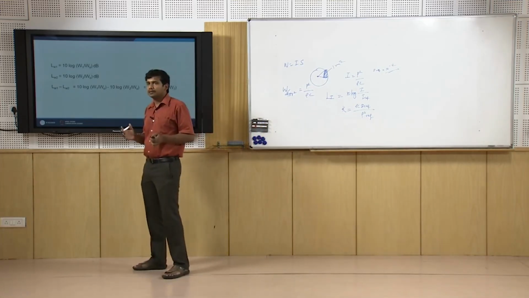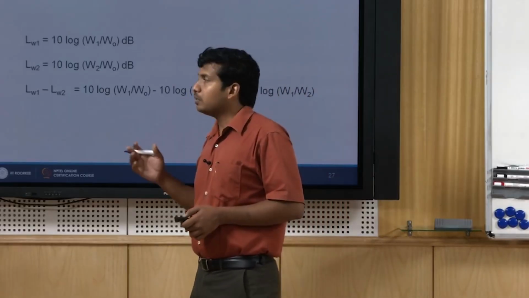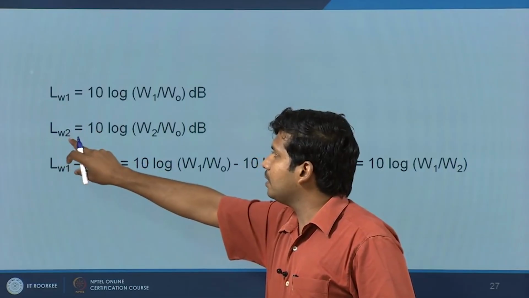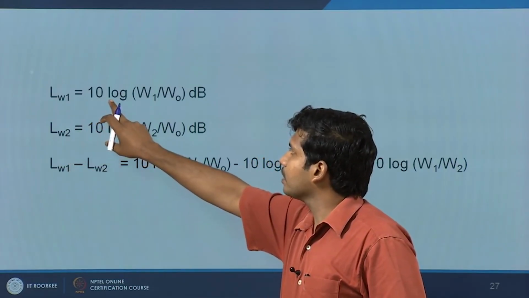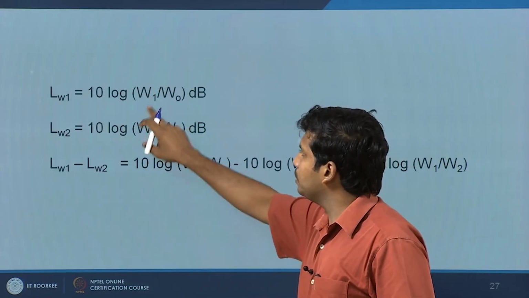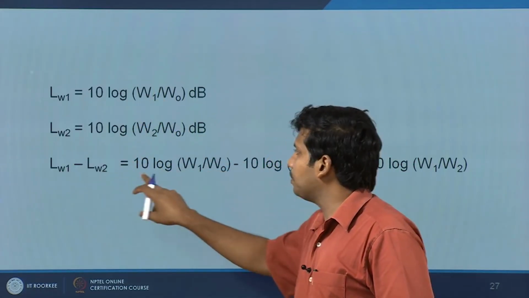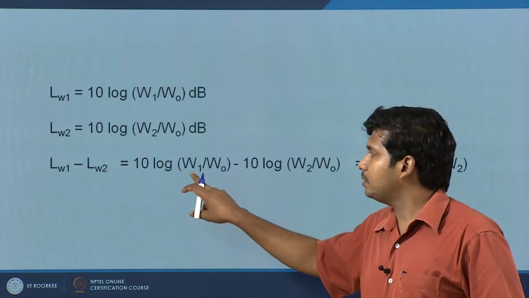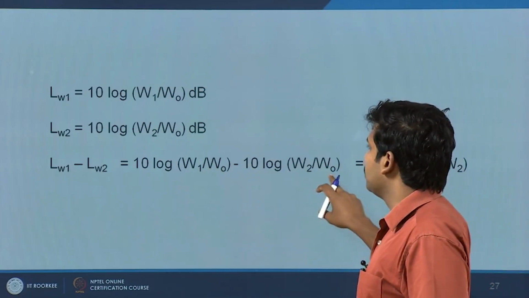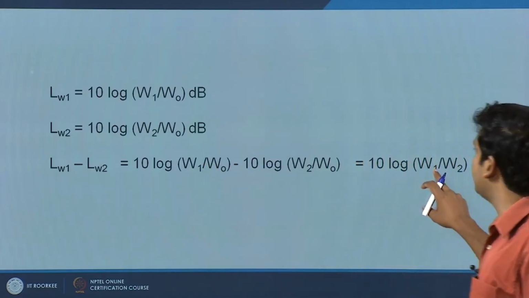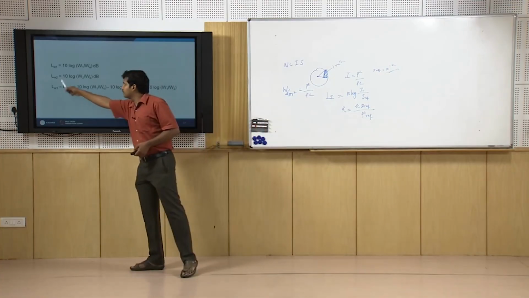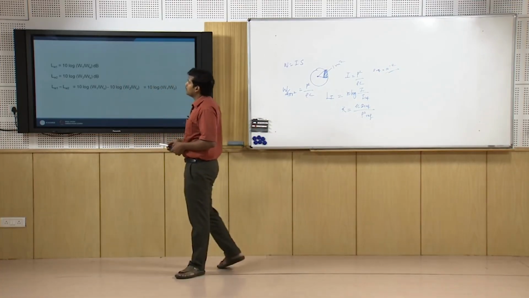So you have 2 fans, 2 pumps, we will look more about decibel additions, but the quick thing to look at, you have one sound power level, the second sound power level, 10 log W by W reference, say you will have W1 and W2, so you can find out 2 levels, then you subtract it, which ideally means in logarithm it will be W1 by W2. So with this ratio you will be able to find what is the difference between LW1 and LW2.